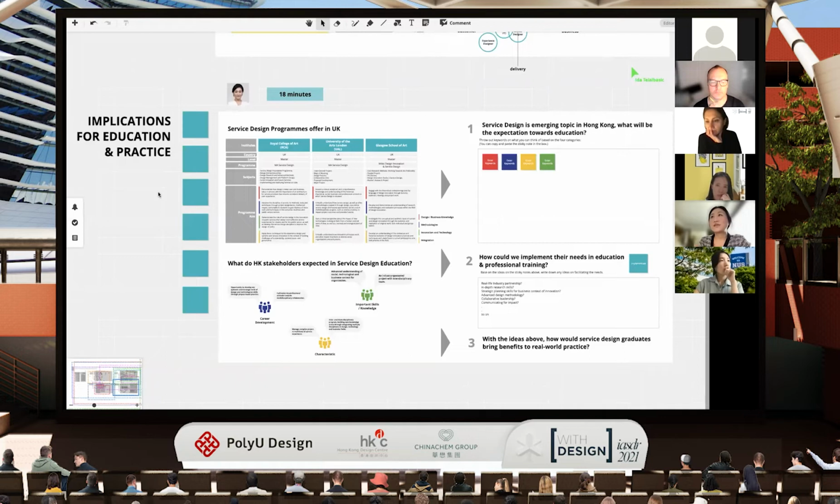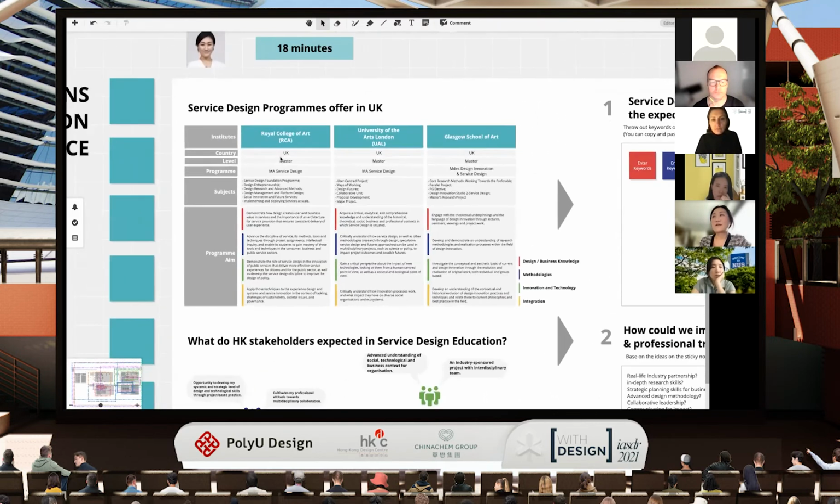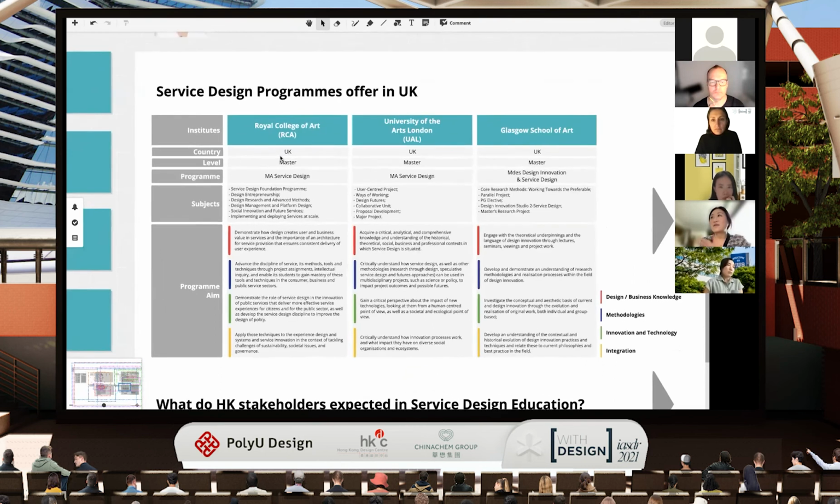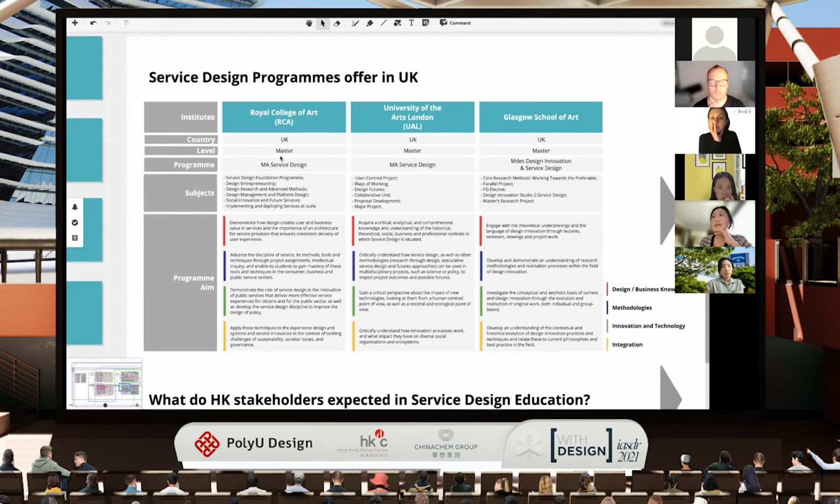As you can see, the table on the left-hand side summarizes the 3 service design programs offered in the UK. Based on the subjects they offer, we extracted key program aims and their curriculums.